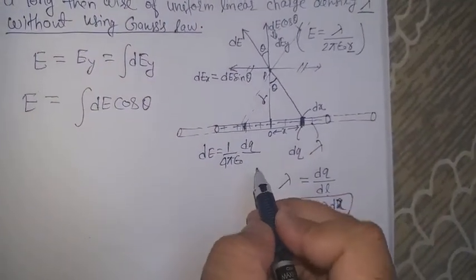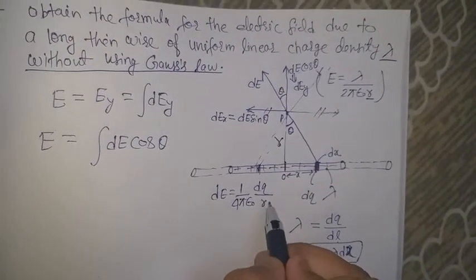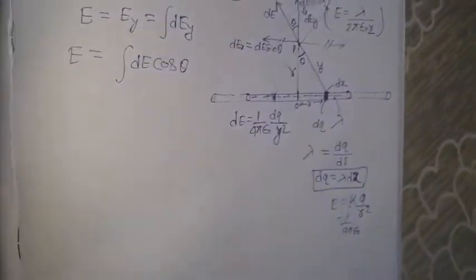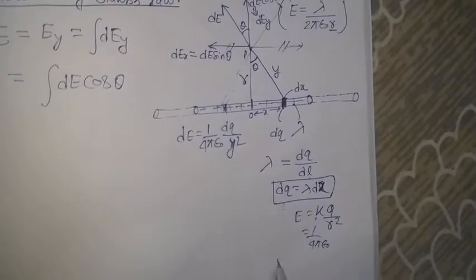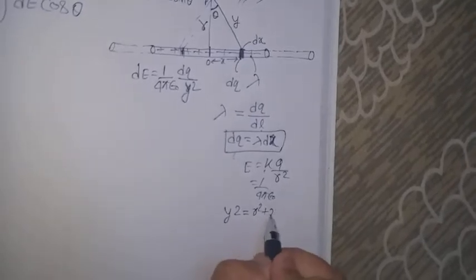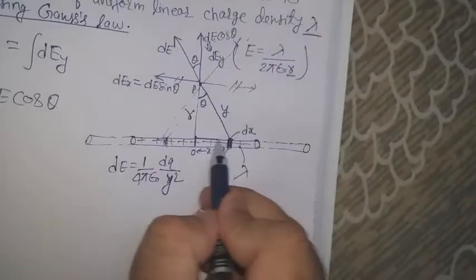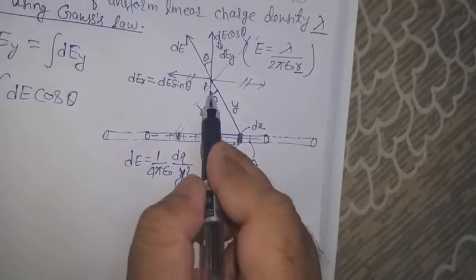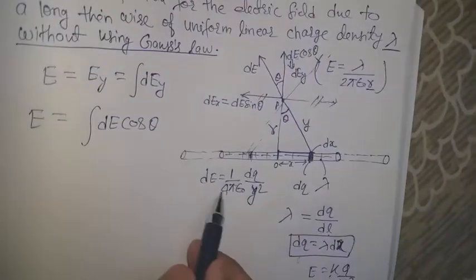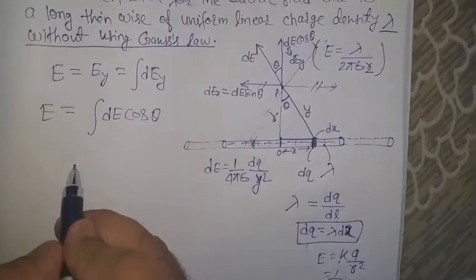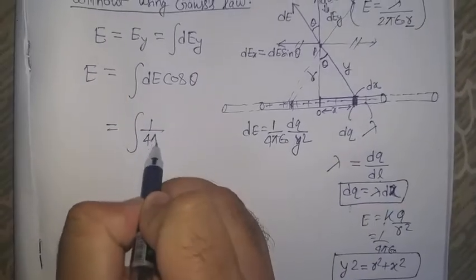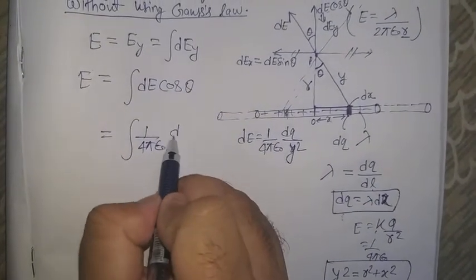So dE equals 1 upon 4 pi epsilon naught dq upon y square, where suppose this distance is y.